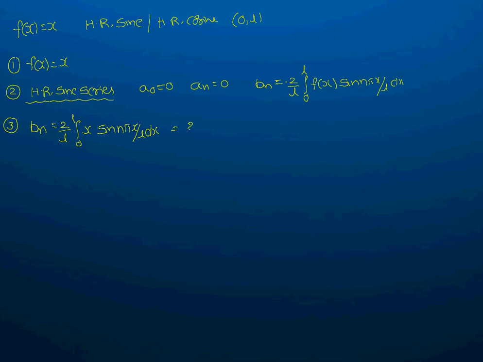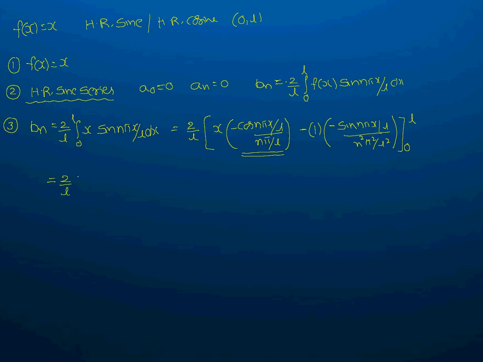So this is nothing but 2 by L into x into the integration of this one, which is minus cos n pi x by L by n pi by L, minus x differentiation is 1 into the integration of this one, minus, as usual, cos integration is sin n pi x by L by n square pi square by L square, between the limits 0 to L. So that is nothing but 2 by L into, if you substitute L here, L by L is 1 and will get cancelled, we are left with cos n pi.